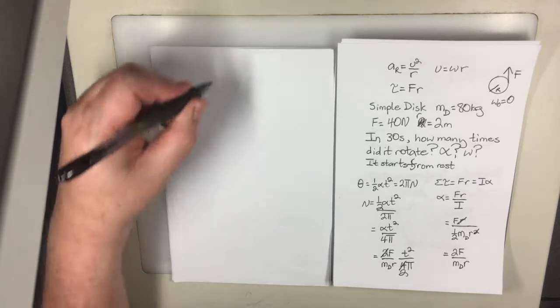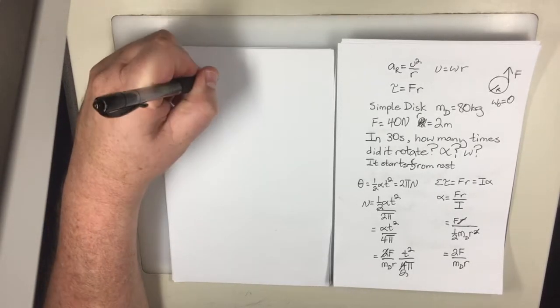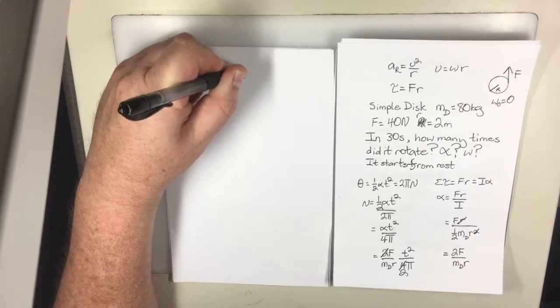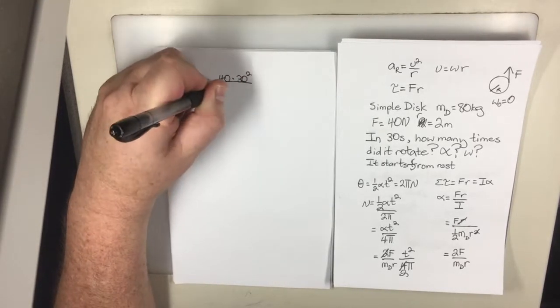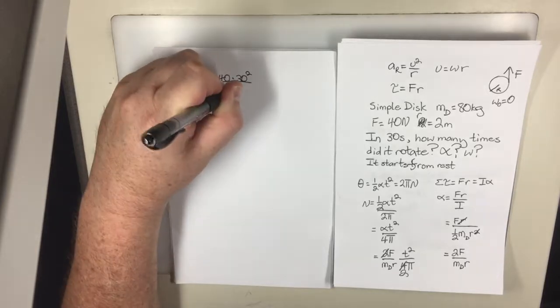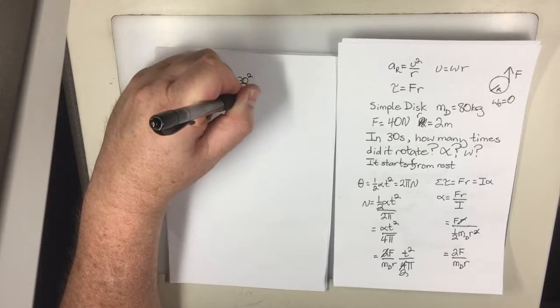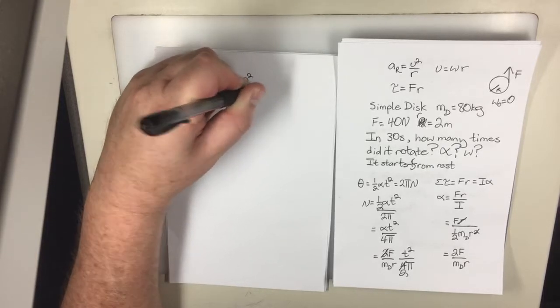Now let's plug in the values. Finally, I can get my n. So n is 40, 30 squared, 80, 2, times another 2 times pi.